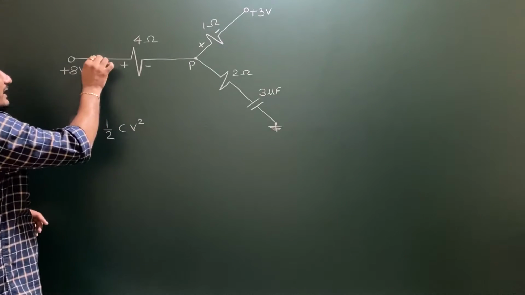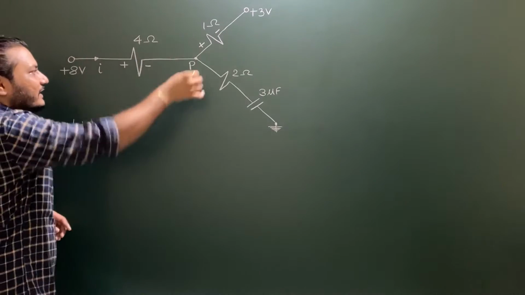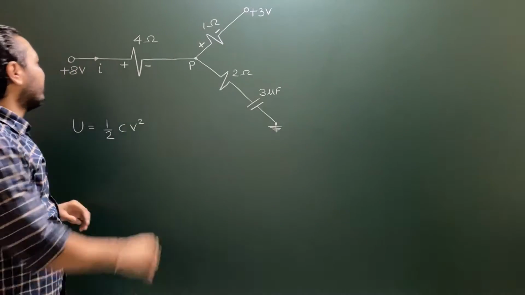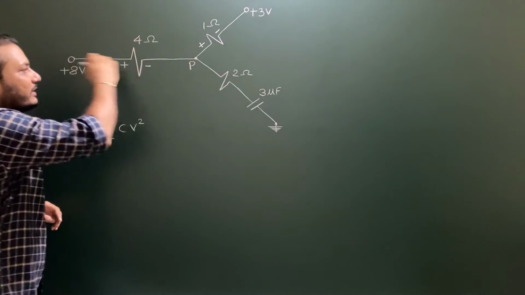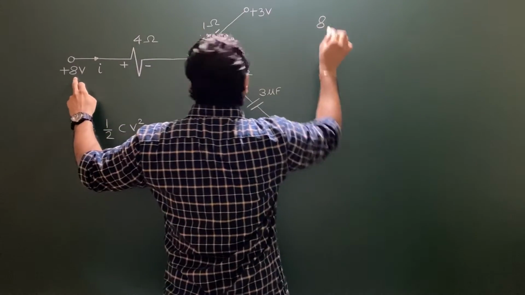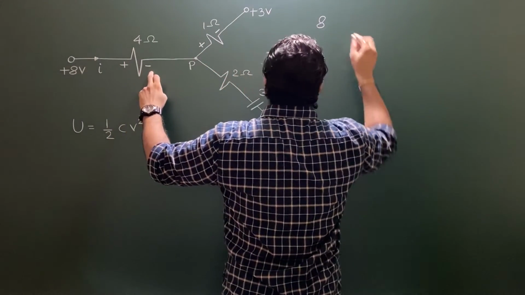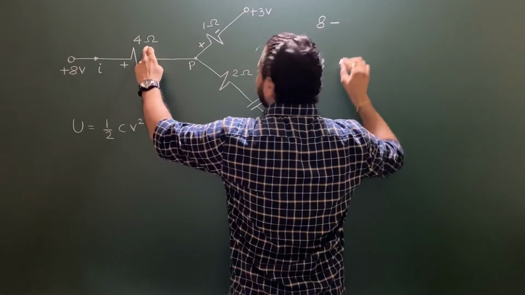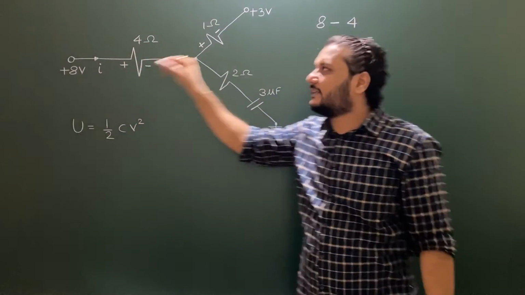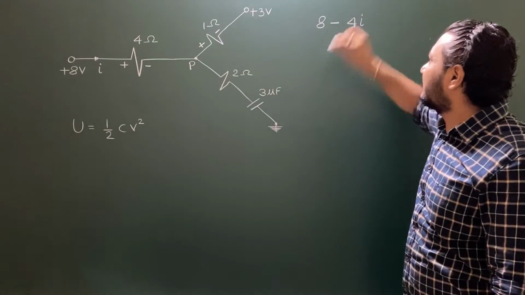Assume that current I is flowing from this branch in this direction. So this must be high potential and this must be low potential. If you apply Kirchhoff voltage rule from here to that branch, we will get plus 8 volt. We are going from high to low potential, so there will be a drop across this resistor. That drop can be written as resistance value 4 and current value I, so resistance into current, that is the drop.